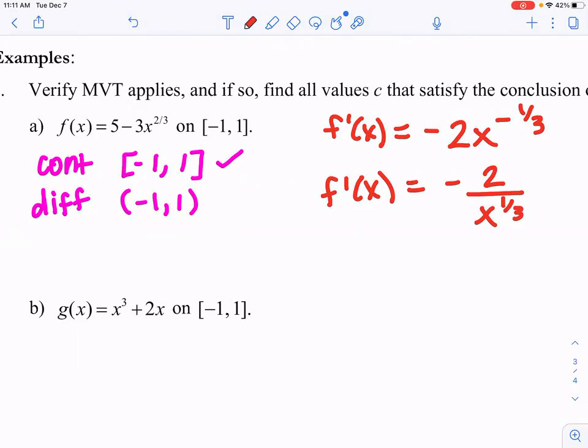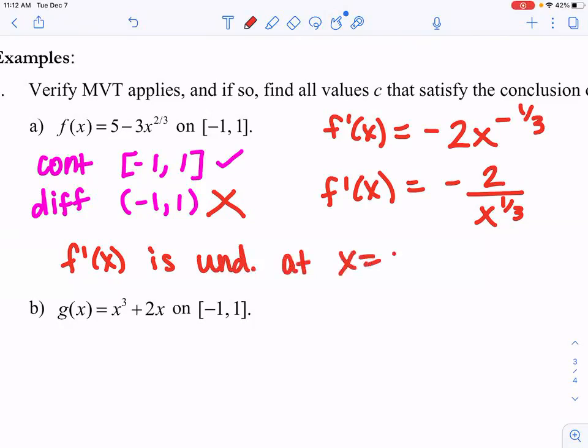Oh, this derivative is undefined at 0. We cannot apply the mean value theorem because this function is not differentiable on the interval -1 to 1. Pretty much.